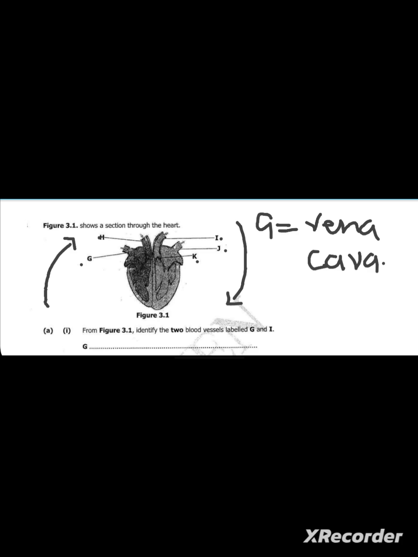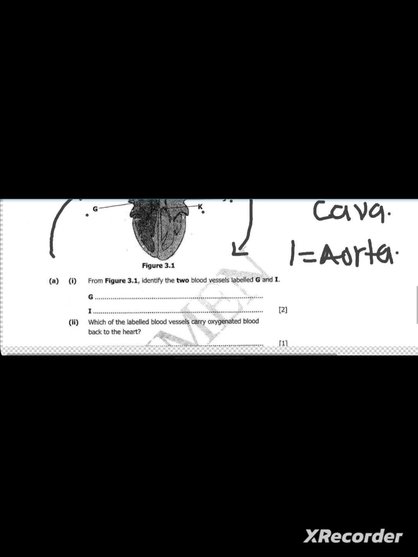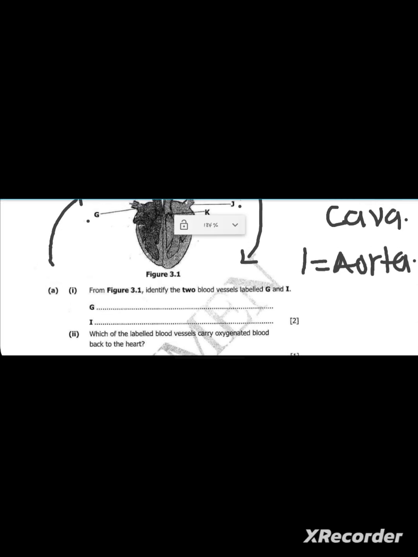Part I is the one carrying blood from the heart to the rest of the body, so it is close to the aorta. So G is vena cava, and I is aorta.